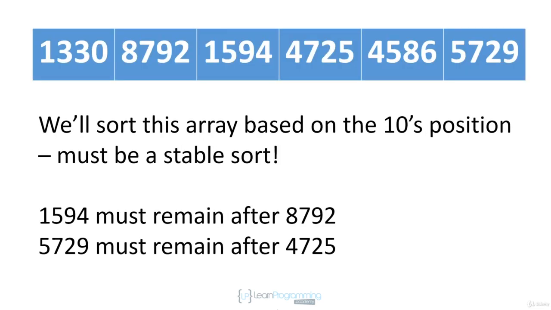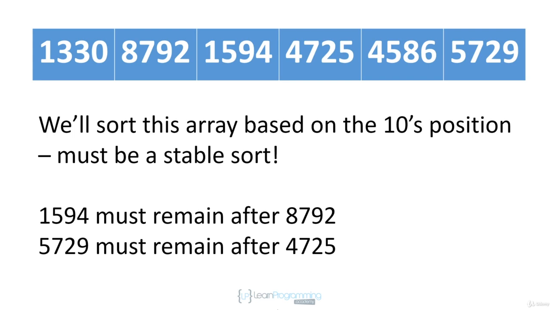In the last video, we went through sorting this array, and I'm going to go through the stable counting sort for when we sort the array based on the tens position. If you look at the last video, we've already sorted based on the ones position, and we end up with the array on the screen. Now we're going to sort this array based on the tens position.